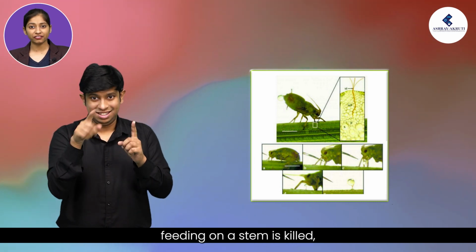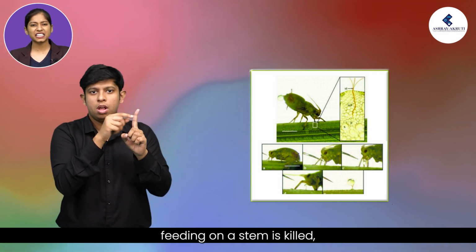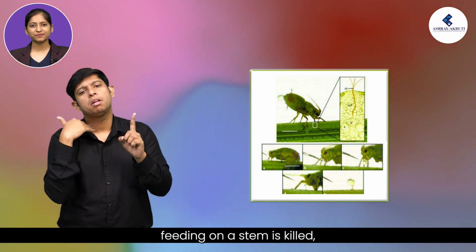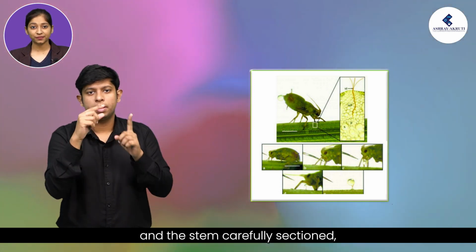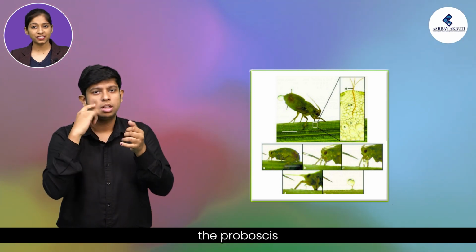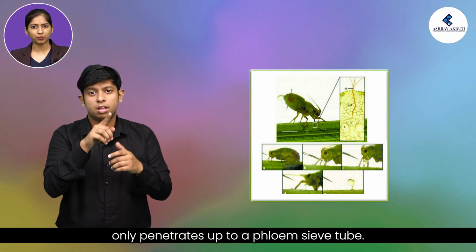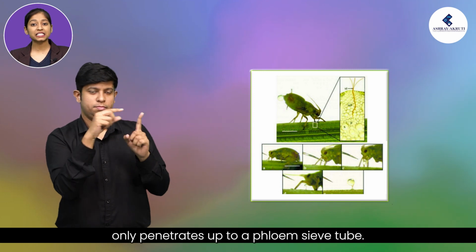When an aphid feeding on a stem is killed and the stem carefully sectioned, the proboscis only penetrates up to a phloem sieve tube.